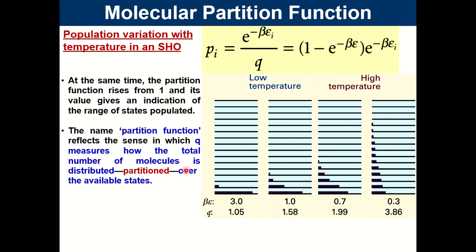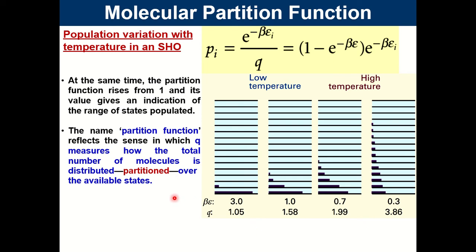As we move ahead, we will talk about real systems. This was a system we had discussed, the simple harmonic oscillator, considering only the vibrational motion, which was a model for vibrational motion. Similarly, we considered the rigid rotor, which was a model for rotational motion.